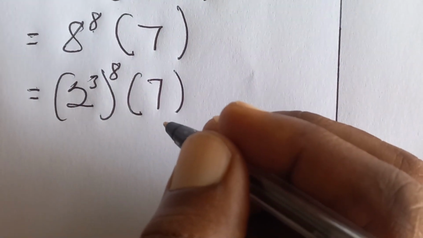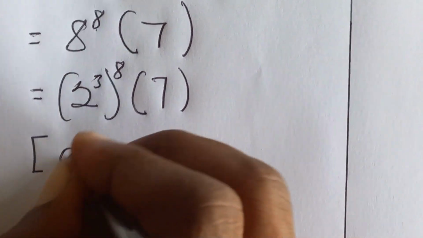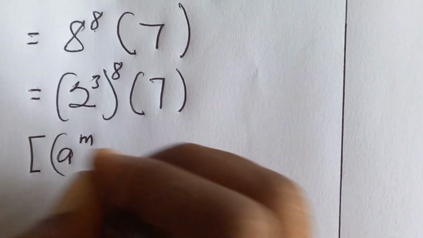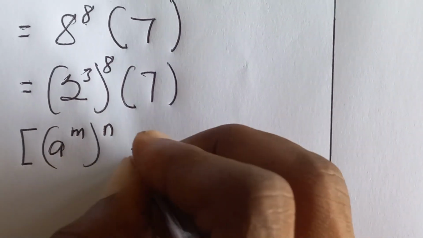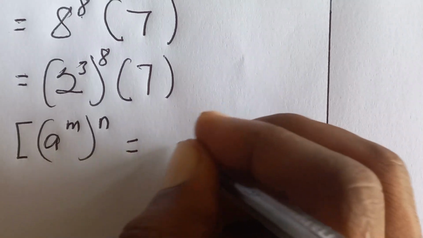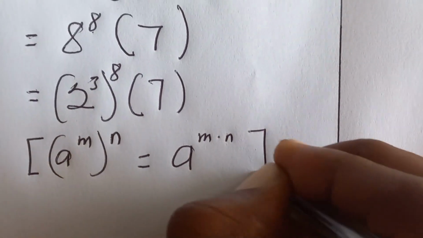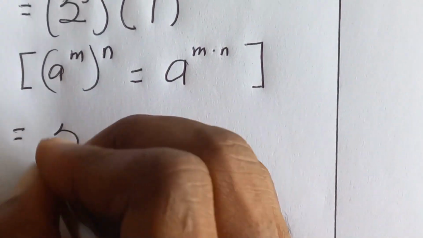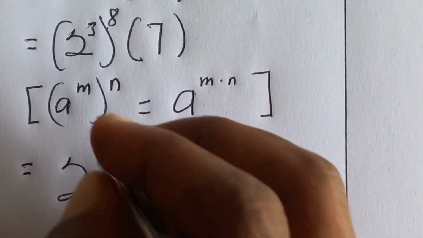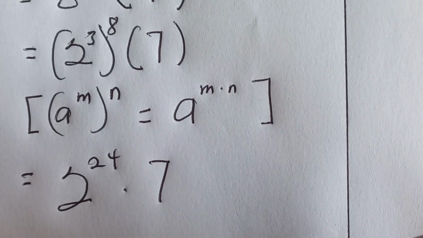In indices, a exponent m in bracket exponent n is the same as a exponent m multiplied by n. So in this case, we are going to get 2, 3 times 8 is 24. So 2 exponent 24 multiplied by 7.